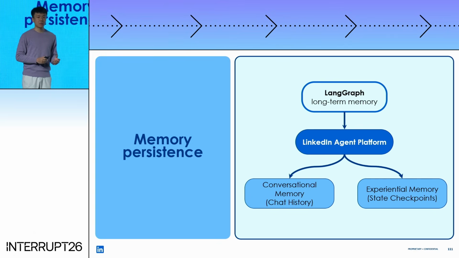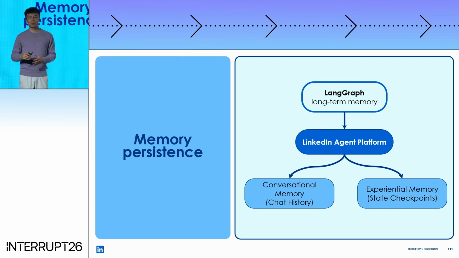One is called conversational memory, which stores the chat histories, and that also talks to the messaging platform with deep integration. Also, there's another one called experiential memory, which stores state checkpoints. And there are also some other memory applications built on top of that, for example, episodic memory and semantic memory, to empower the memory experience.